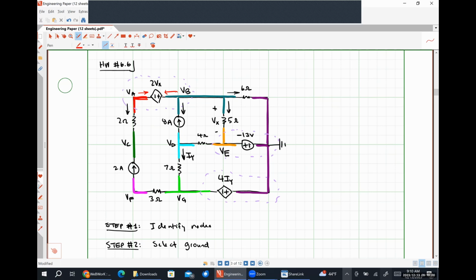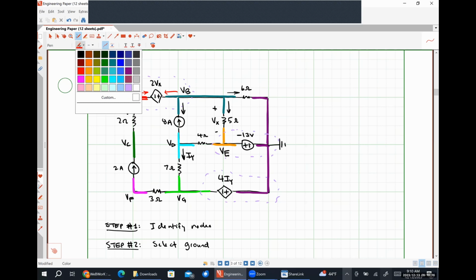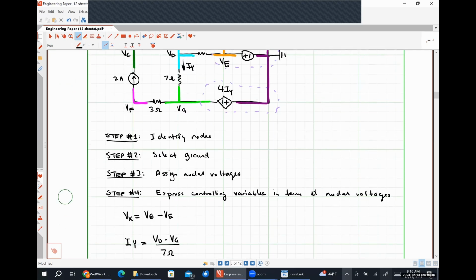That's the benefit of writing our KCL equations at a supernode: the currents that we literally cannot express in terms of our nodal voltages cancel each other out so that we don't have to worry about that. Okay. All right, so let's get on with this KCL equation.